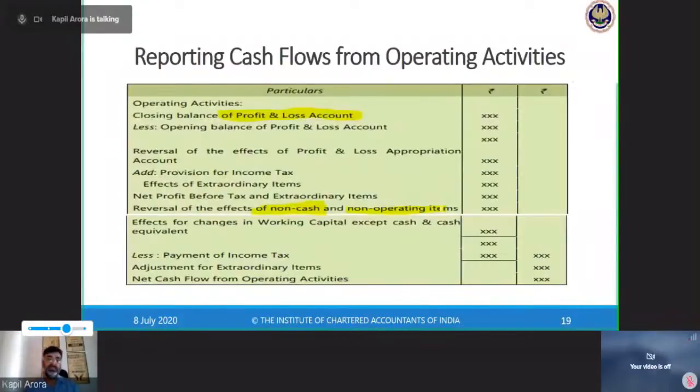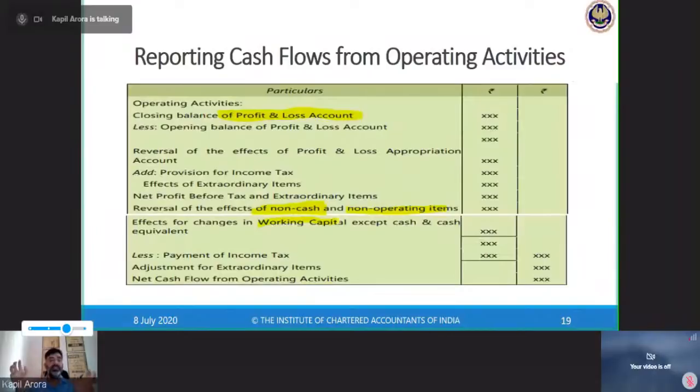And instead of taking how much cash we have received from the debtor, how much cash we have paid to the creditors, we take the differences between those. That is how the opening debtors and closing creditors have changed, right?